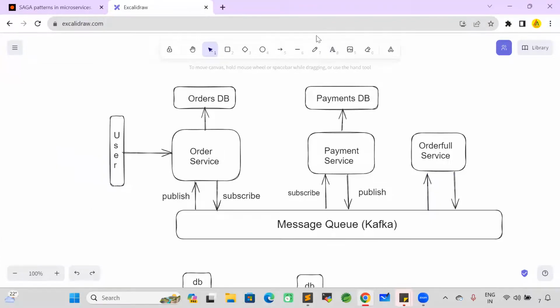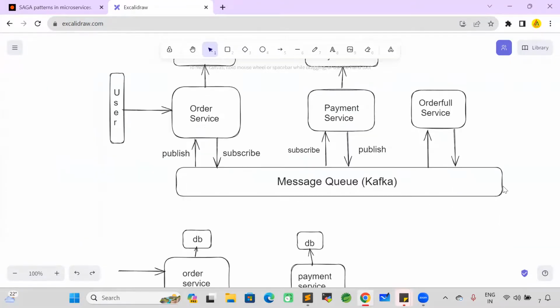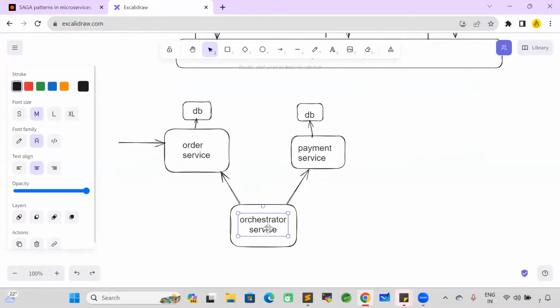If more microservices are involved in processing the request, then choreography is better because they will work independently based on the events. But if you have just two to three services to manage the operation, then orchestrator is better because everything will be managed by the orchestrator.